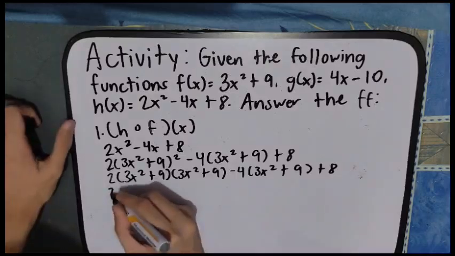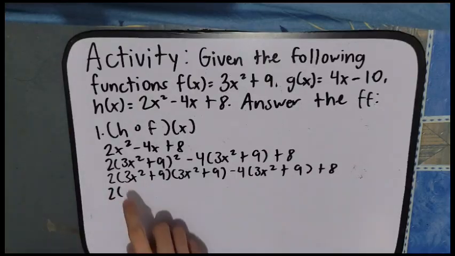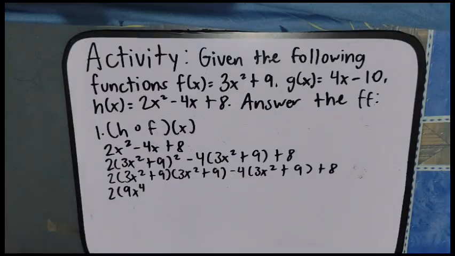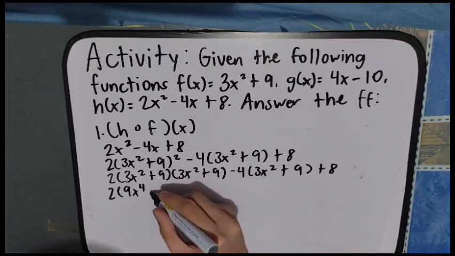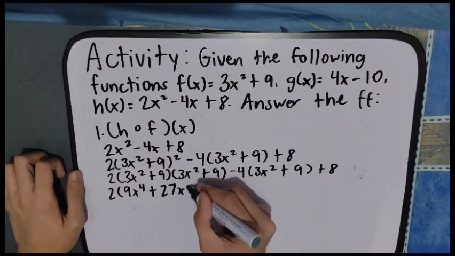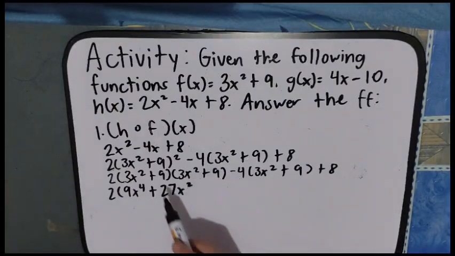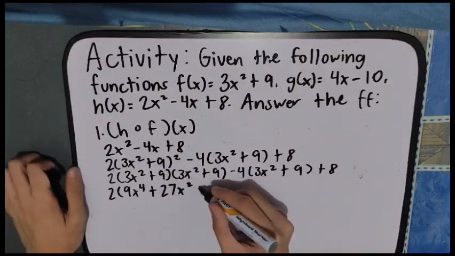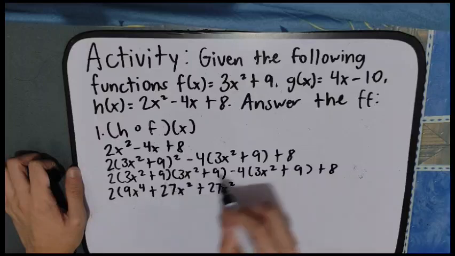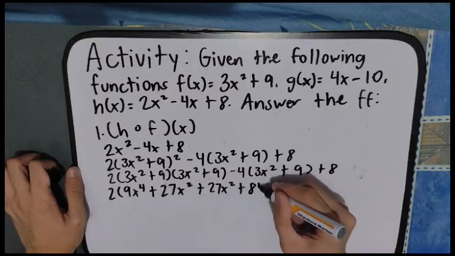Then solving 3x squared times 3x squared, we have 9x raised to 4. After that, we have 3x squared times 9, we have positive 27x squared. Then 9 times 3x squared, we have positive 27x squared as well. Then 9 times 9, we have positive 81.